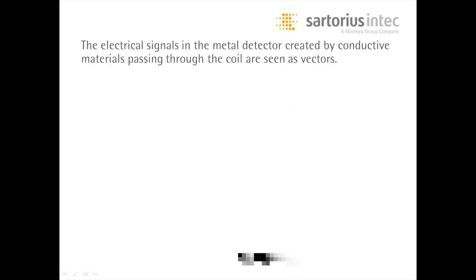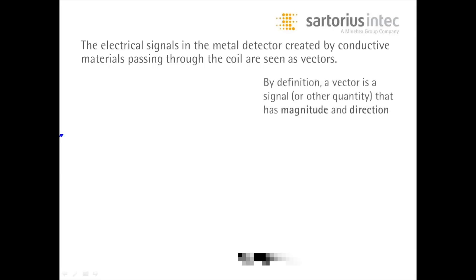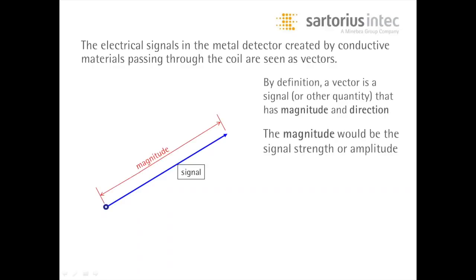The electrical signals in the metal detector created by conductive materials passing through the coil are seen as vectors. By definition, a vector is a signal or another quantity like a force. When you learn this in physics, you talk mainly about forces. That has a magnitude and direction. That is the definition of a vector.